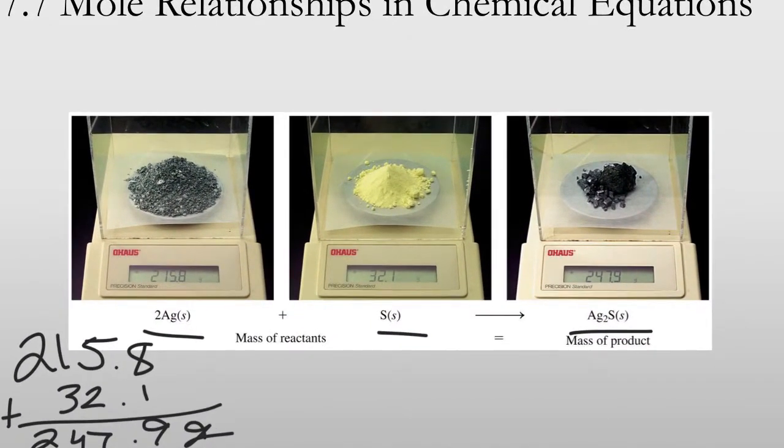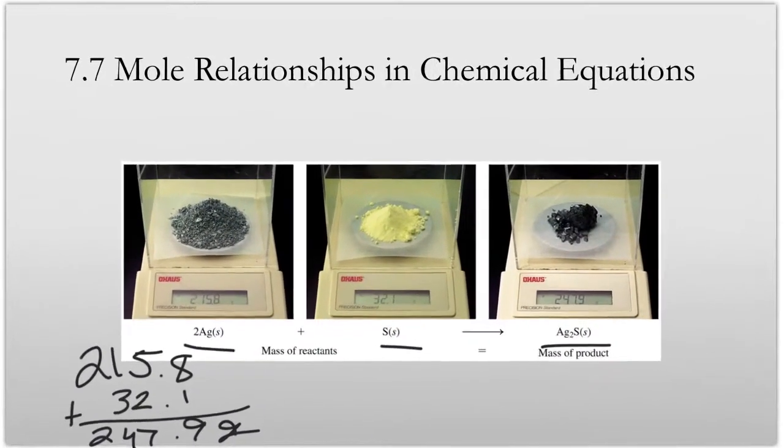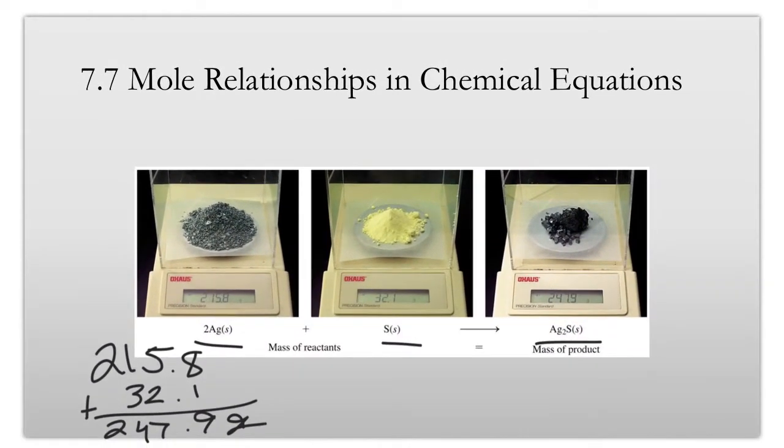And that's always going to be the case. In all reactions, if everything is done in the exact stoichiometrically balanced ratio, as is the case here, you will get the same mass in products that you had for the reactants. Even if it's not stoichiometrically balanced, you'll have stuff that's left over unreacted.